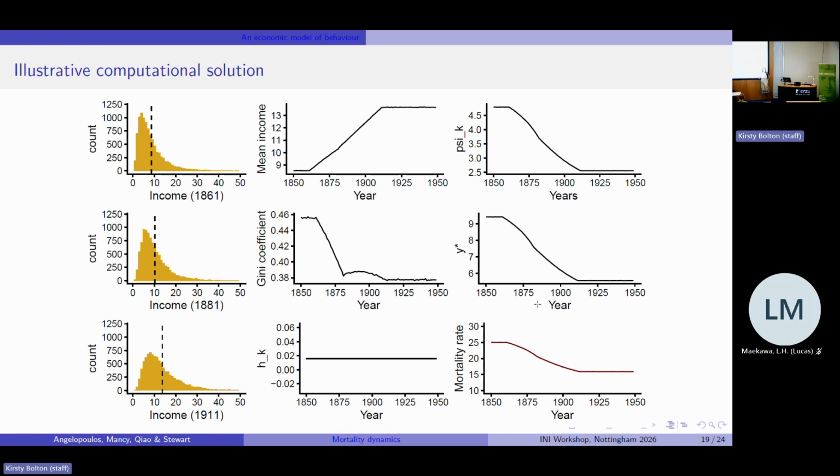So we're going to play with this a bit more to try and see what we can do to be more confident about these as results as opposed to as an illustration. But what we have shown is that you can generate this shape without having to impose a particular functional form on the shape of H, the progress in health technology.